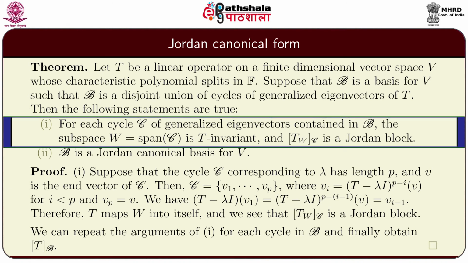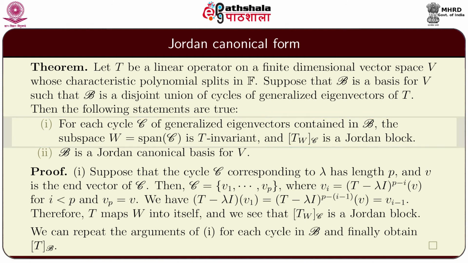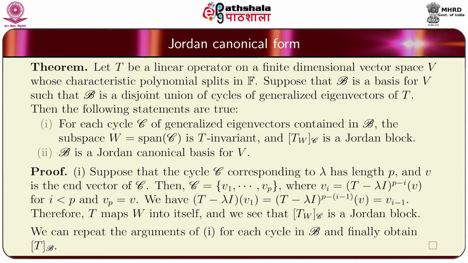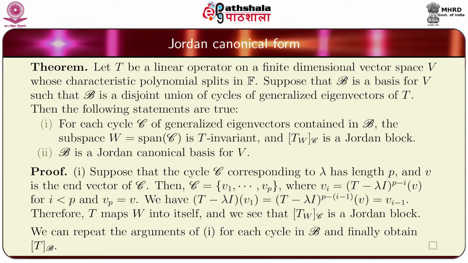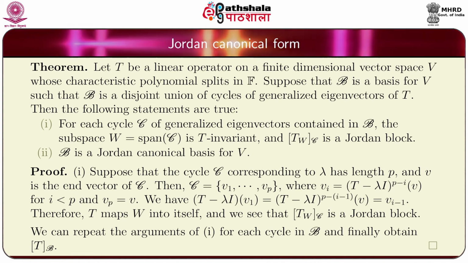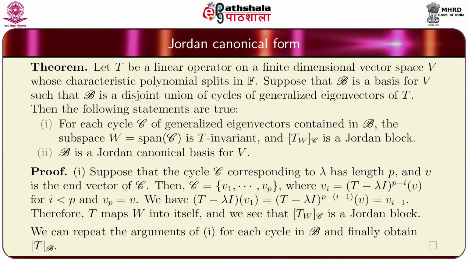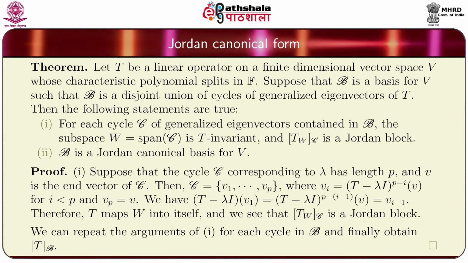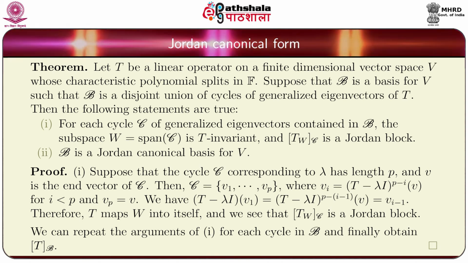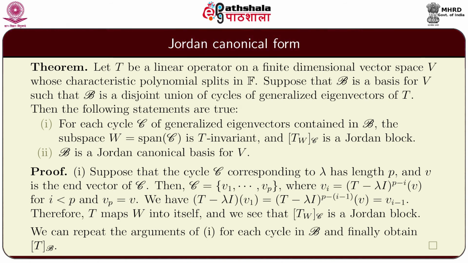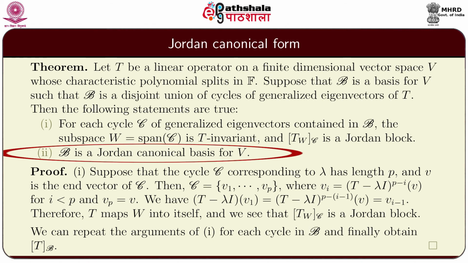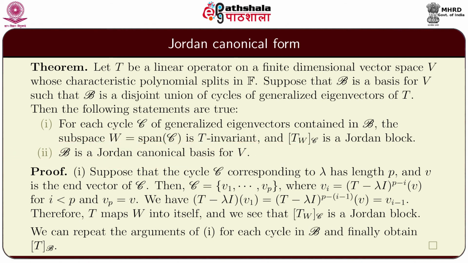For each cycle C of generalized eigenvectors contained in B, the subspace W, that is span of the cycle C, is T invariant and T restricted to W, with respect to the cycle C, is a Jordan block, and part 2 says that B is a Jordan canonical basis for the vector space V. Proof of 1.